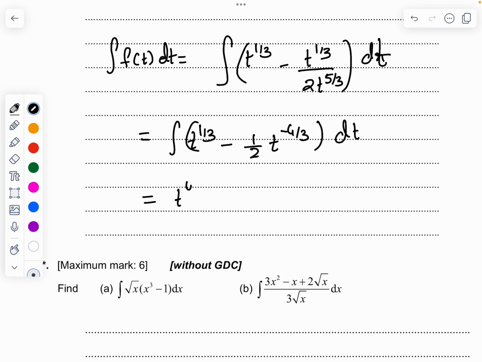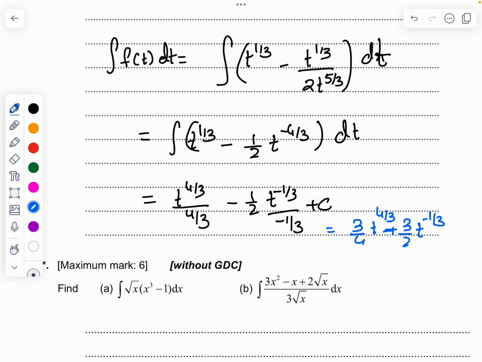So it is t power 4 upon 3 upon 4 upon 3 minus t power minus 1 upon 3 upon minus 1 upon 3 plus c. So the answer is going to be 3 upon 4 t power 4 upon 3 plus 3 upon 2 t power minus 1 upon 3 plus c.